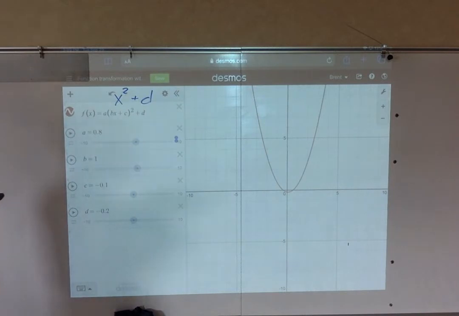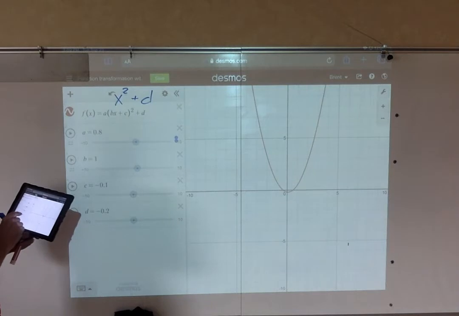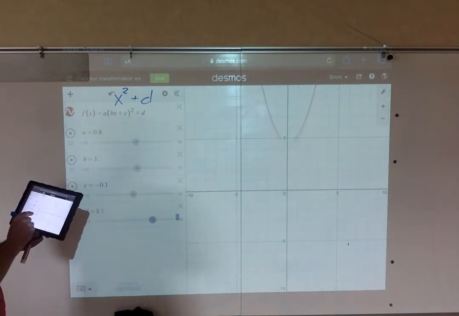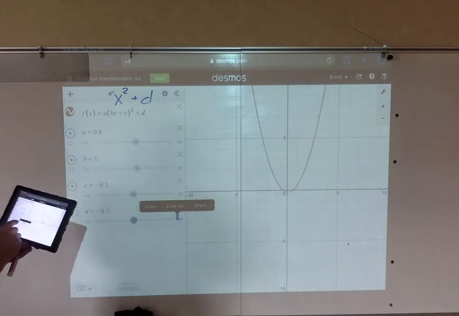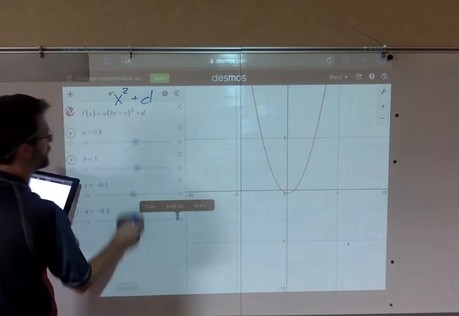It's outside of the parentheses, so it should be vertical. If I make that number bigger, the equation moves up, and as I make that number smaller, the equation moves down. So a vertical shift up or down is created by adding on the outside of the parentheses.